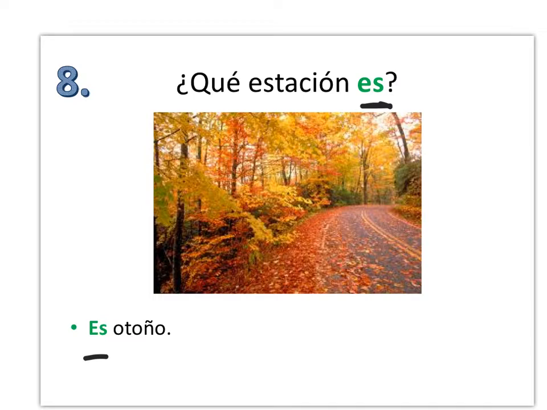Mi estación favorita es otoño. ¿Y su estación favorita? ¿Cuál es su estación favorita? ¿Te gusta el otoño? ¿Sí? ¿O les gusta más el verano? ¿O la primavera? ¿El invierno? Sí, ¿les gusta el invierno? El invierno es mi estación menos favorita. Prefiero buen tiempo. Muy bien.